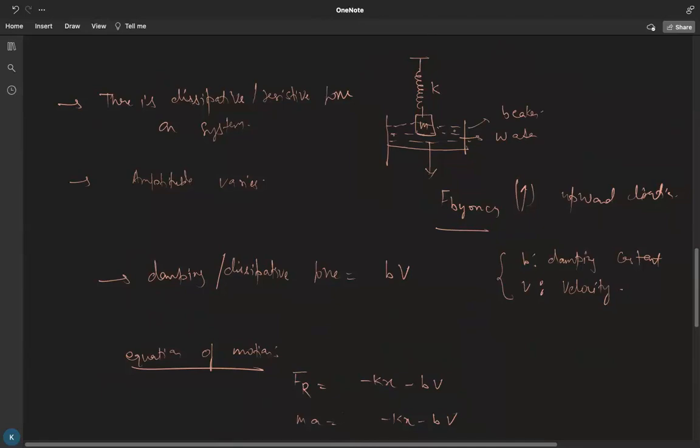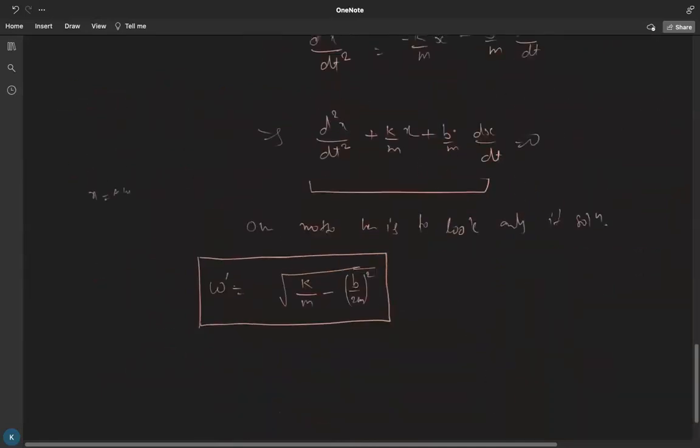What I'm trying to say is that we have a constant kind of frequency, but it is different from the natural frequency. You can write it as omega square is equal to omega naught square minus b by 2m whole square.